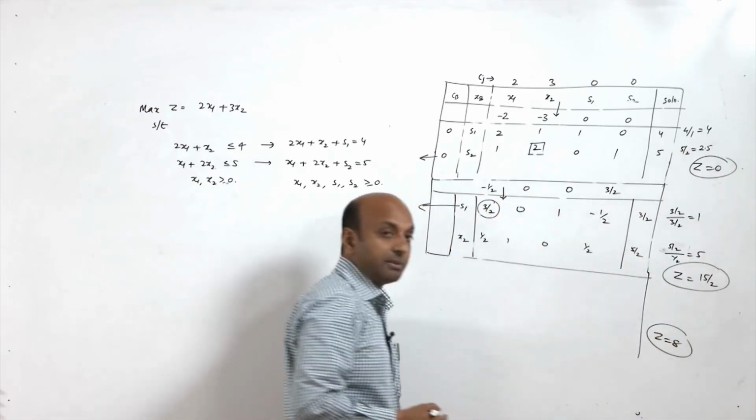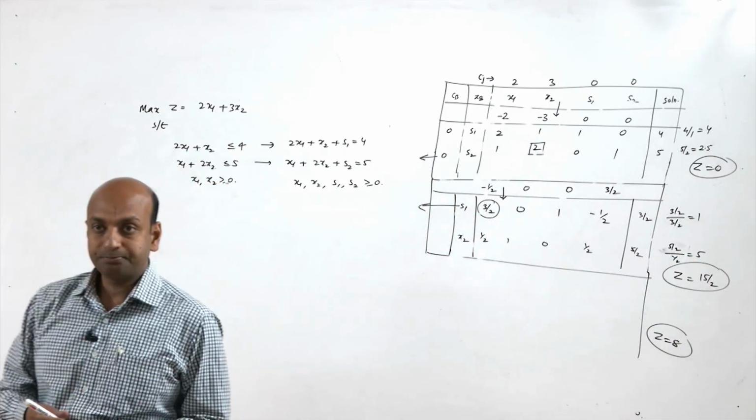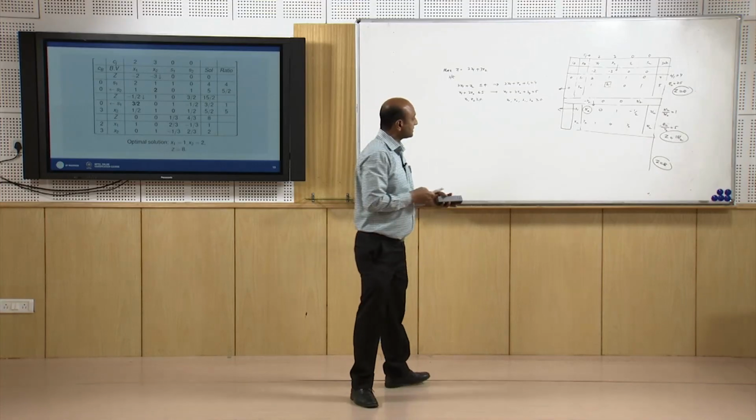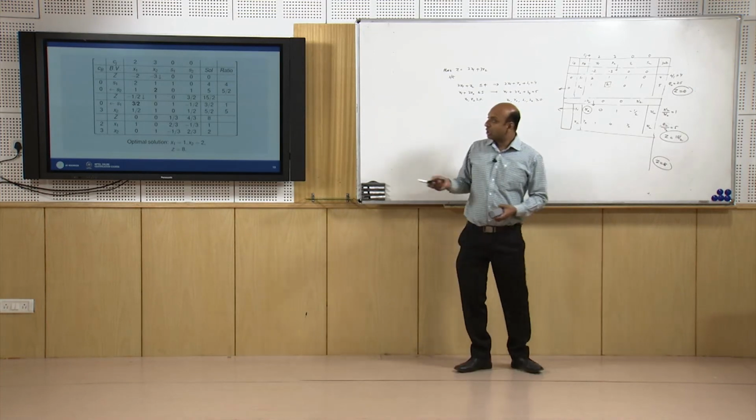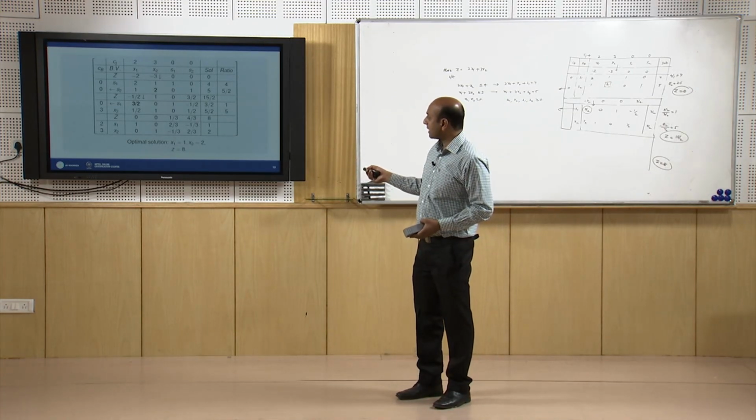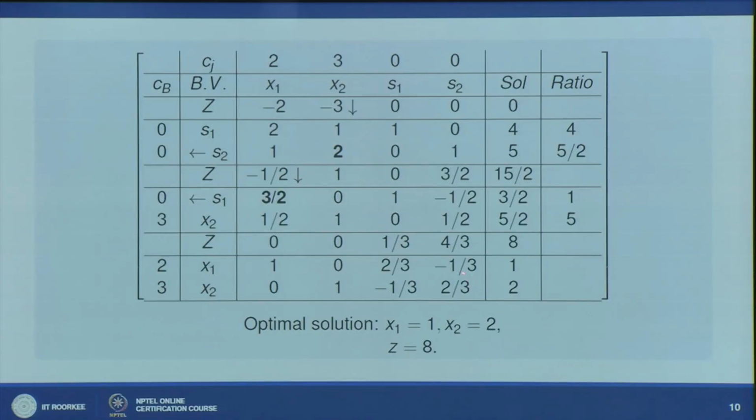That means in each table the value of z increases, and the last table is an optimal table, because all these z values are greater than or equal to 0 and the feasibility condition is maintained. The feasibility condition is definitely maintained because of the minimum ratio rule. Okay. And these are all greater than or equal to 0, that means this is an optimal table, and x1 is 1 and x2 is 2 is an optimal solution.